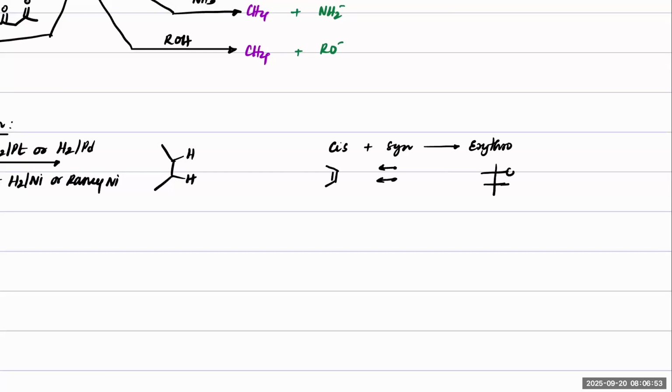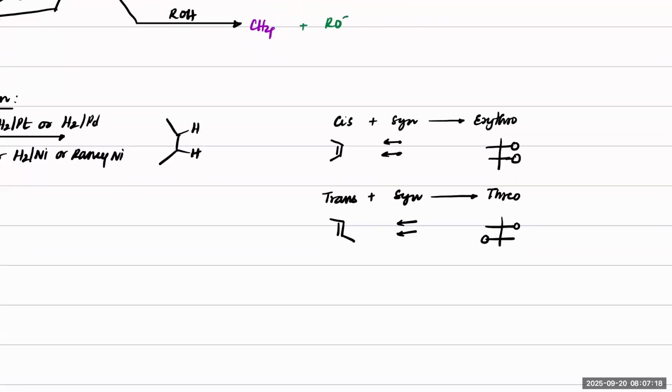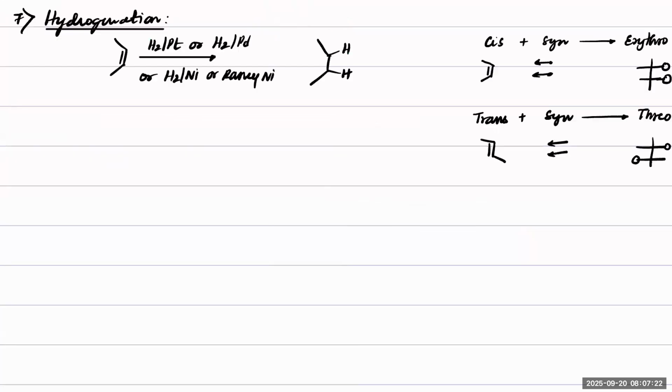Similarly, if you have a trans molecule and I make a syn addition, both additions happening from the same direction, then what we get here is threo, as in the attaching groups are always opposite to each other in the Fischer projection.